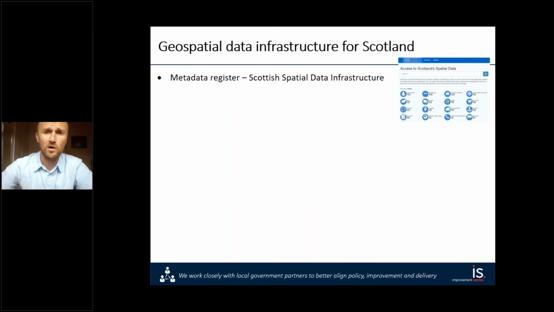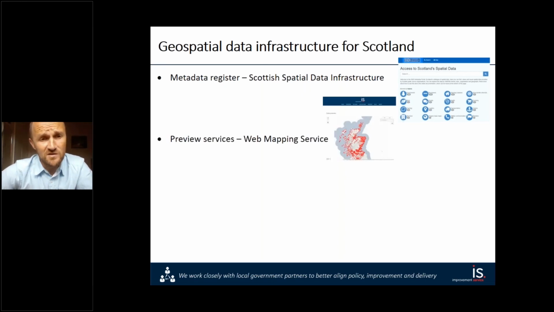So if we think about what we've done in Scotland in the geospatial community to adhere to Inspire and to build a better holistic data infrastructure around spatial data, what we have is a metadata register to start with, where everyone should be providing their metadata about their data sets so anyone can find them on the internet using simple Google searches and keyword searches.